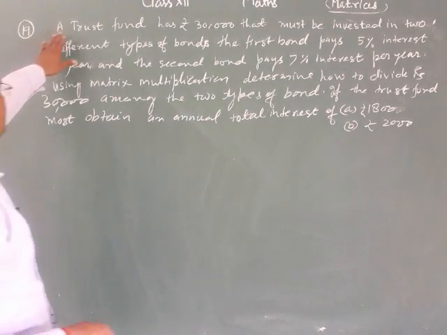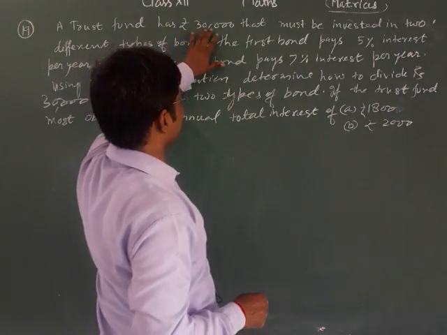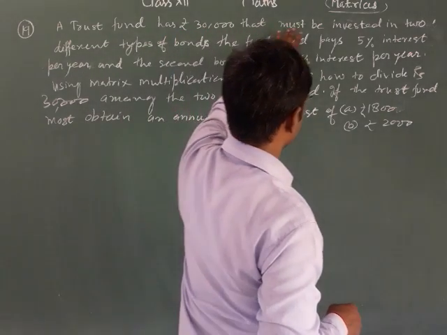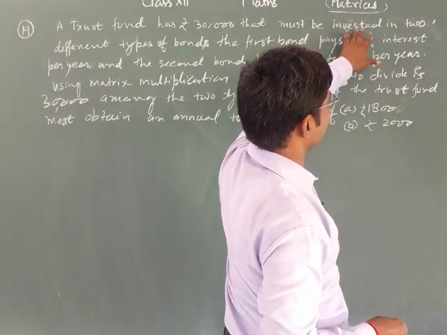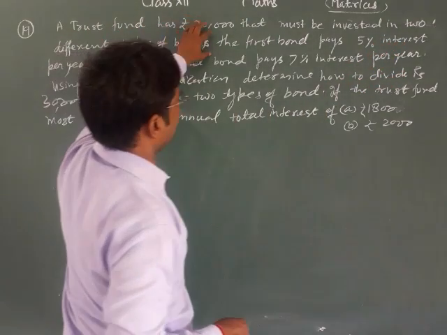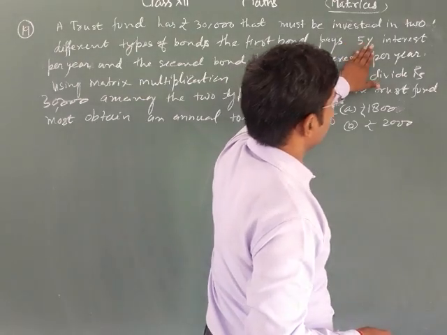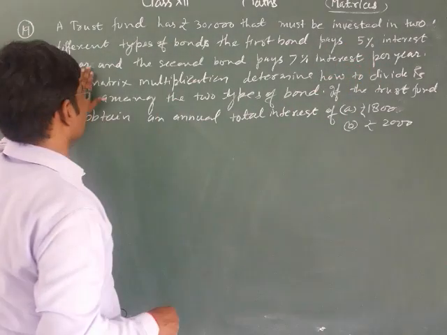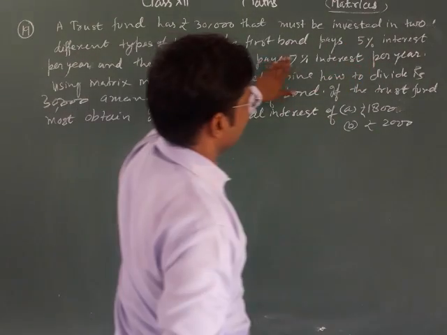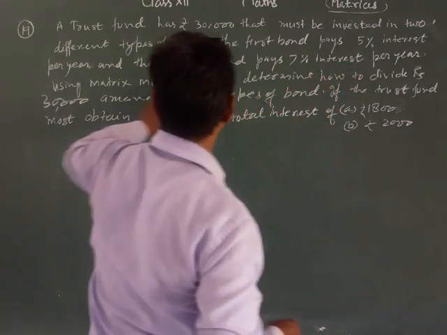Question number 19. A trust fund has 30,000 that must be invested in two different types of bonds. The first bond pays 5% interest per year and the second bond pays 7% interest per year.